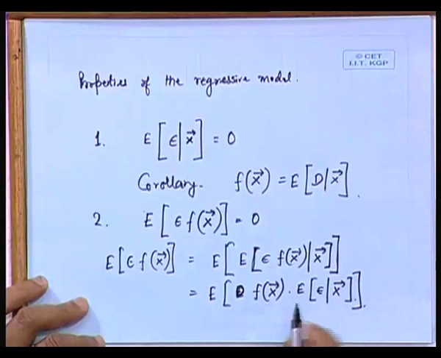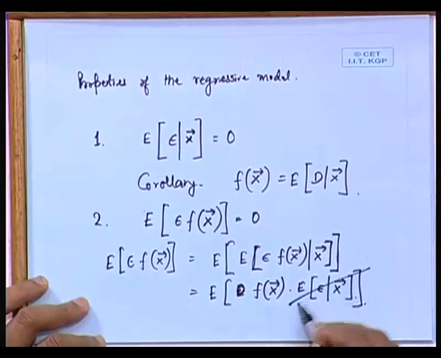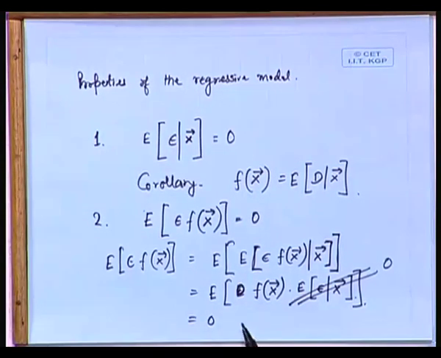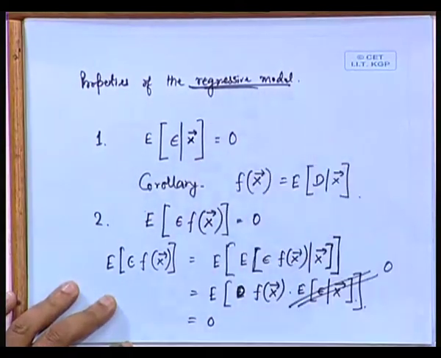And this quantity we already know is equal to 0. So this is equal to 0. So the expectational error is uncorrelated with respect to the regression function f(x). This is the property of the regressive model.